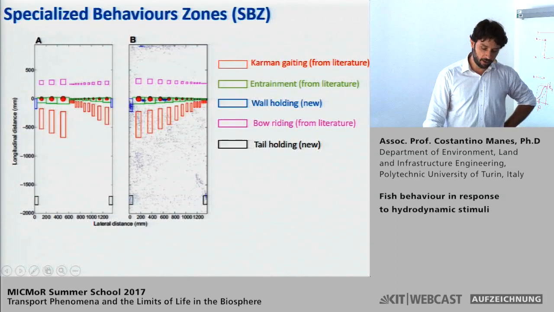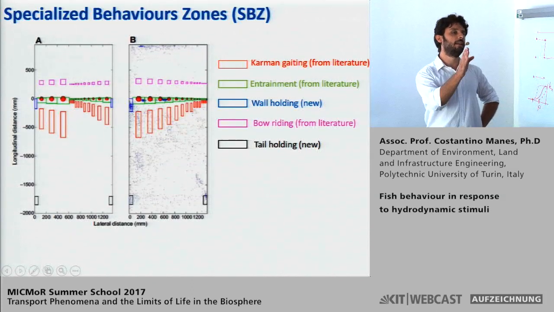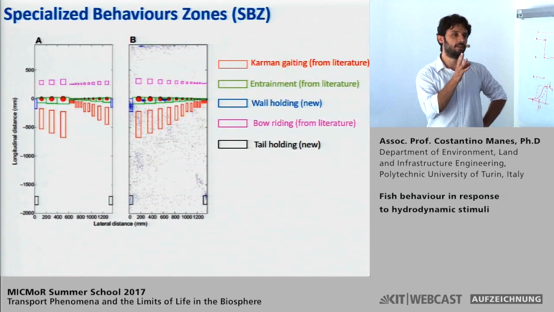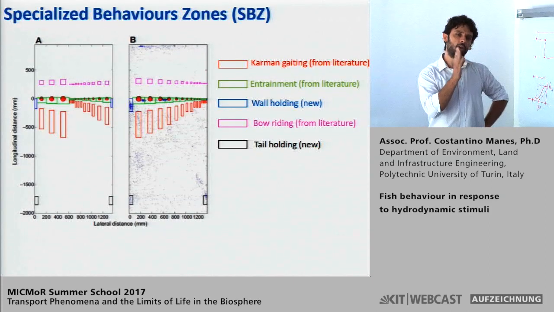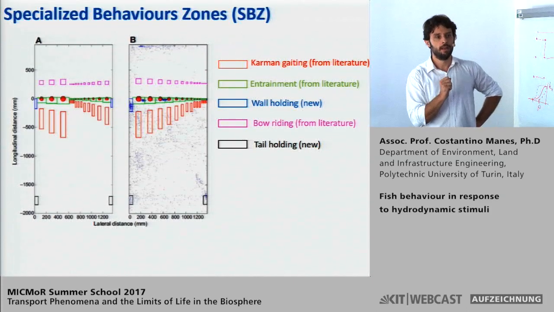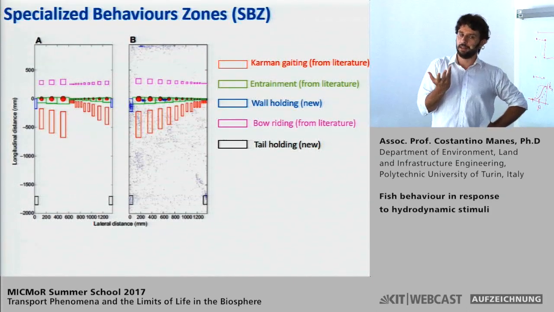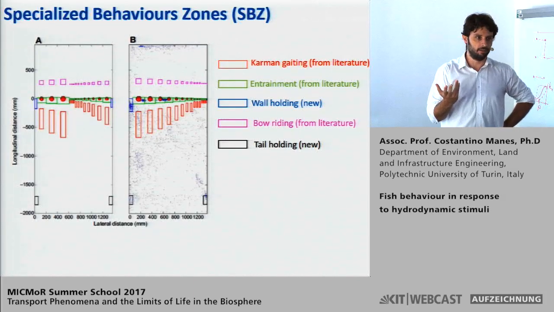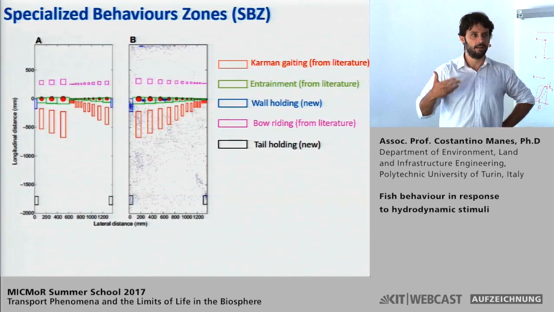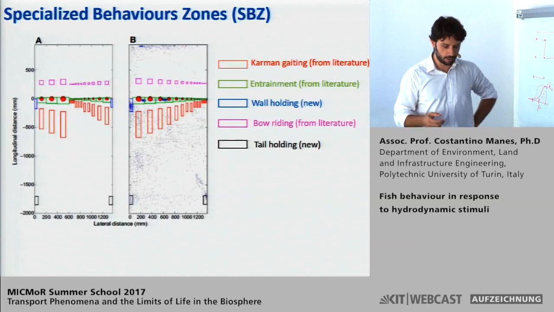And to be perfectly honest, we don't have an explanation why they really liked that position, because that's again an area of very fast velocities, which would suggest high drag conditions, right? So high energy expenditure locations.